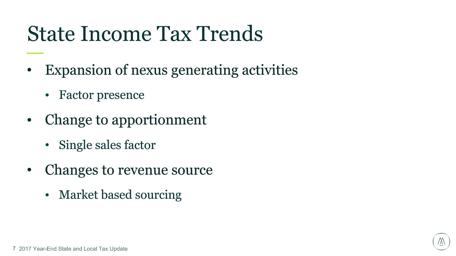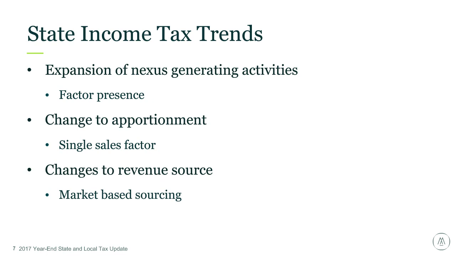They have a filing requirement in more than one state, and typically the states will require that companies apportion their income using a formula. For a long time, most states had a 3-factor formula that used property, payroll, and sales in the state as a percentage of those factors everywhere, and then took the average, and that became your apportionment factor.